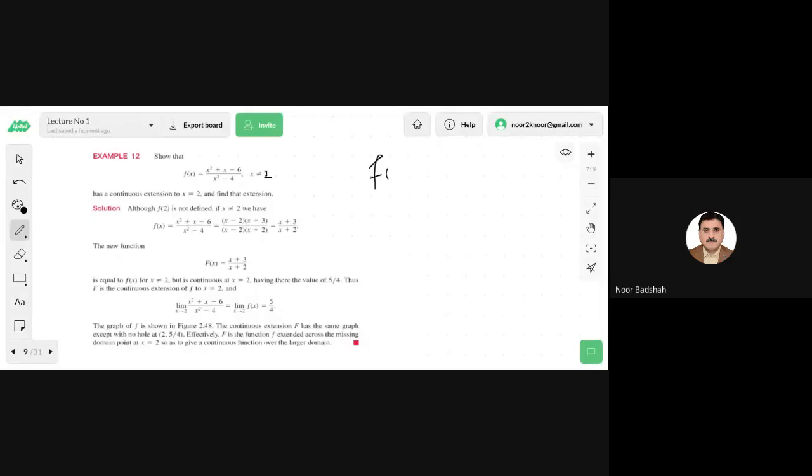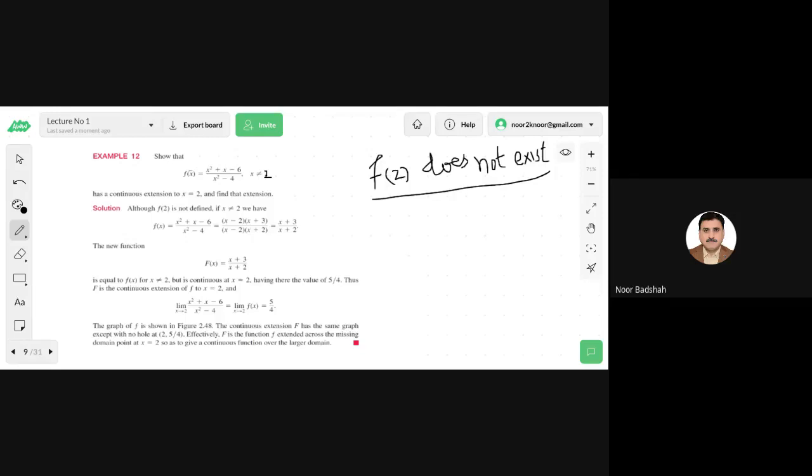If somebody asks you what is f of 2, you would say f of 2 doesn't exist. Yeah, it is not defined. F of 2 in this case does not exist.